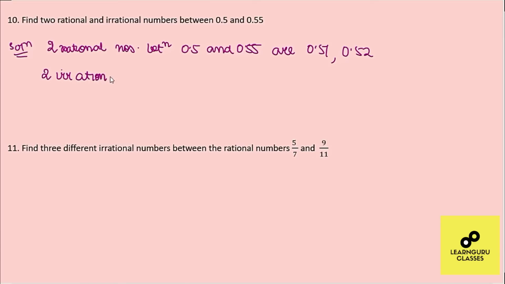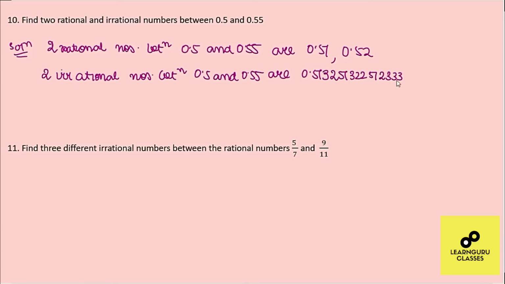between 0.5 and 0.55 are 0.5132, 51322, 5123. So this is an irrational number.